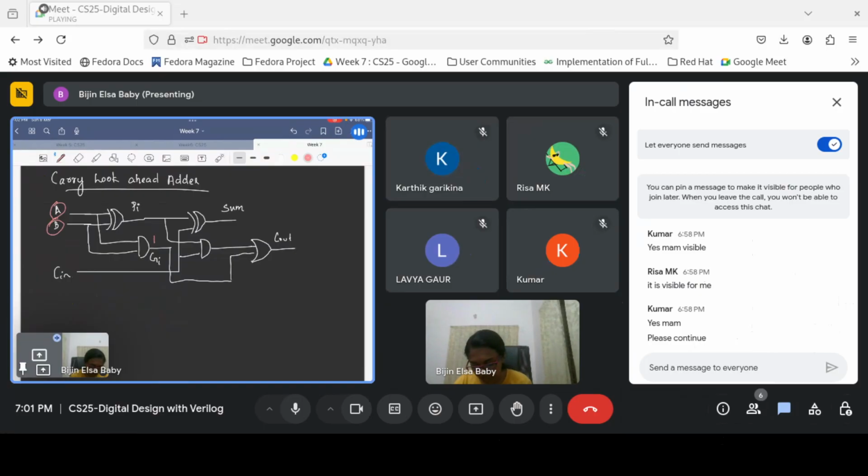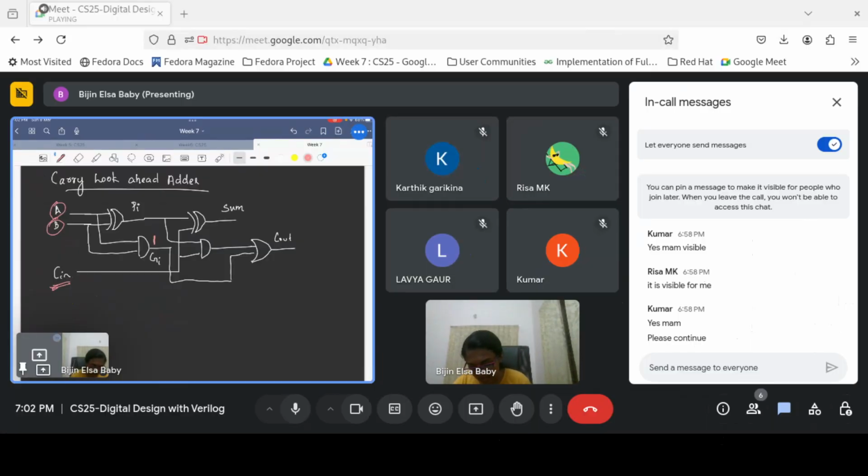So we don't have to look into this Cn, right? If both A and B are 1, then this carry will be 1. We don't have to take into account Cn. So carry will always be 1 when both the inputs are 1.